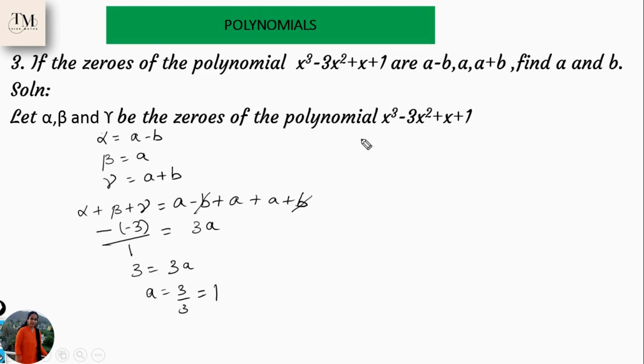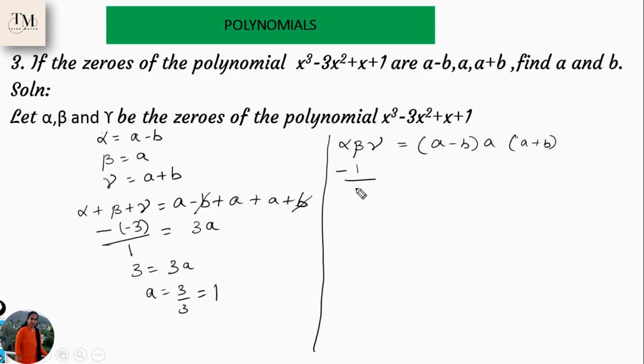Now we have to find the value of b. So we use the product of the roots, alpha beta gamma, which is a minus b, a, a plus b. According to the relation, alpha beta gamma is minus the constant term, which is 1, divided by the coefficient of x cube, which is 1.